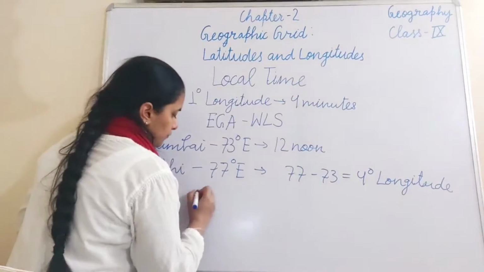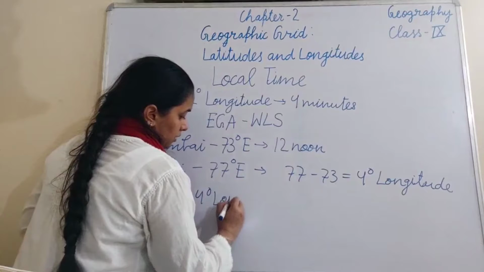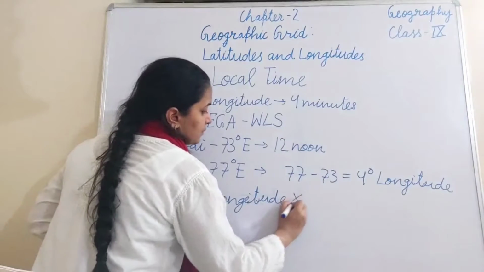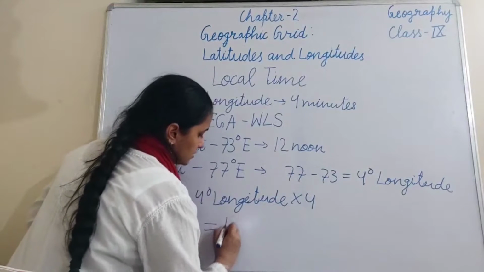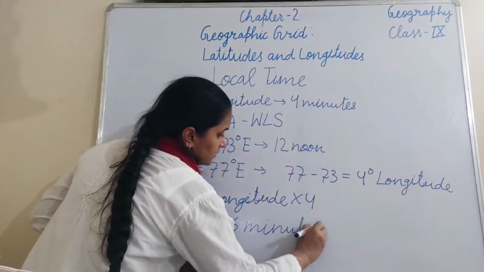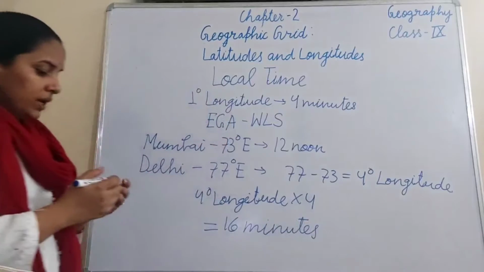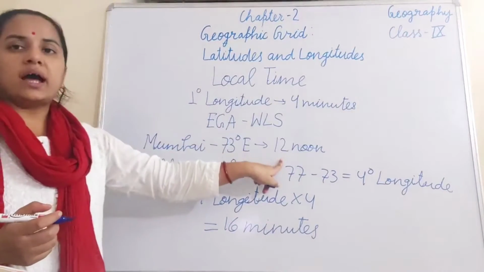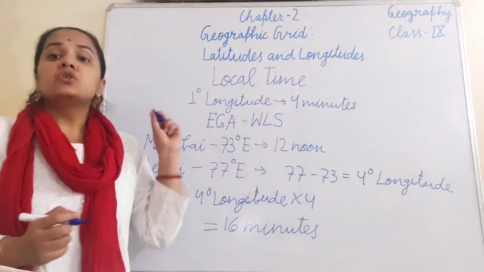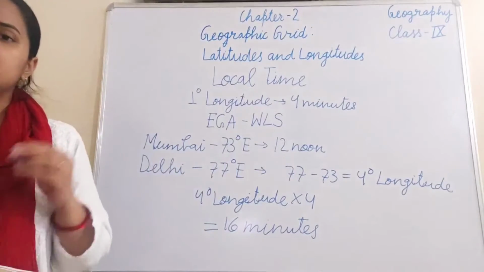So this 4 degrees of longitude will be multiplied by 4 and the difference in time will be 16 minutes. Now when it is 12 noon at Mumbai, the local time at Delhi will be 12 past 16 minutes.